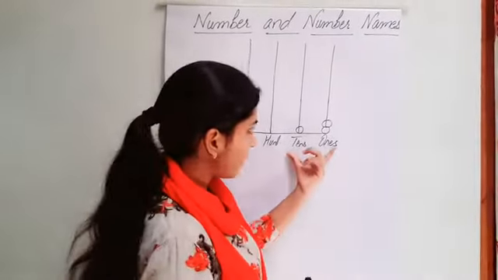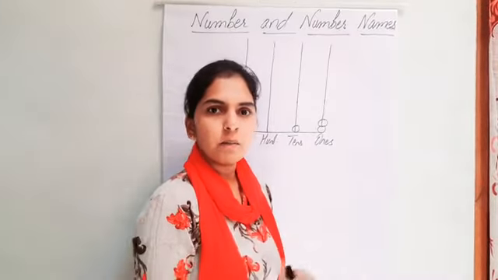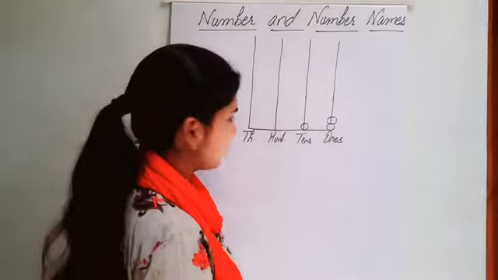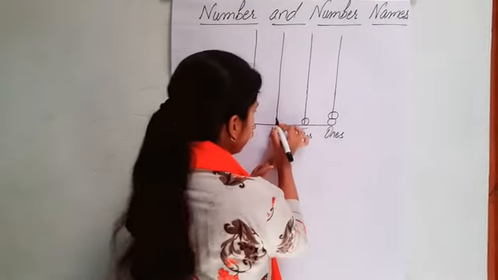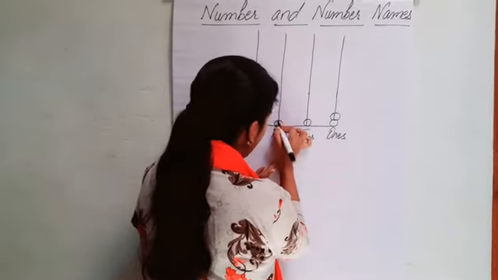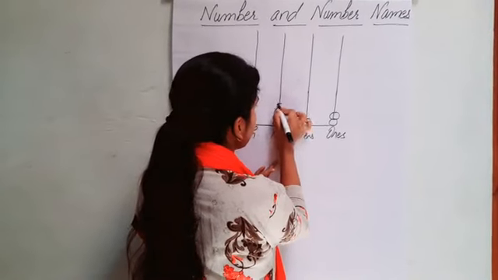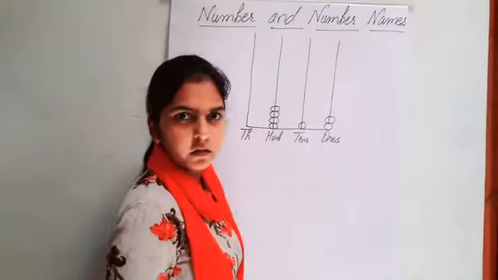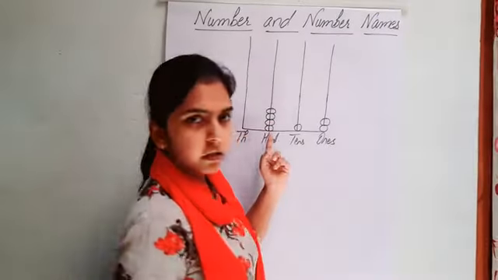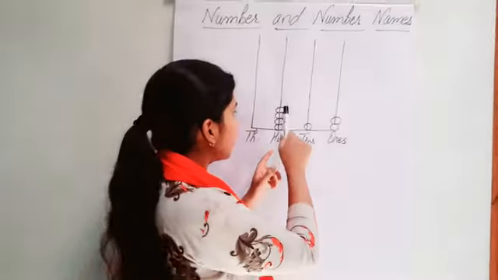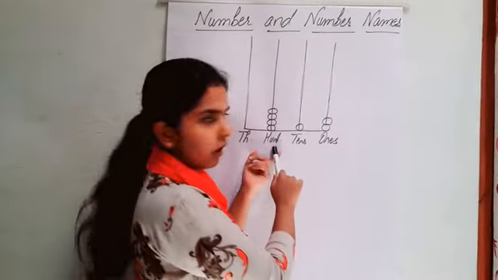So what number is represented here? The number represented is 12. Now let us proceed to the next one. If I draw 4 beads here, how many beads are there? 4. And this spike is of hundreds, so it is equal to 400.